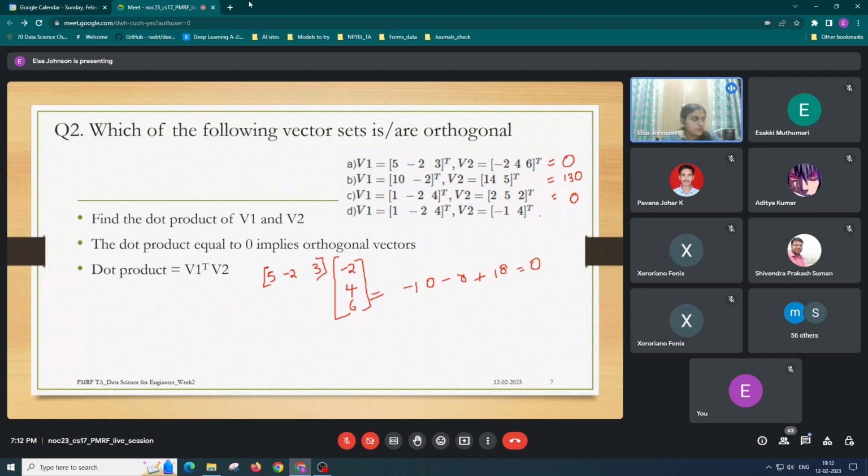Aditya, you are saying option B, right? Second one, 130. Then the fourth one, what's the answer? What will happen there?